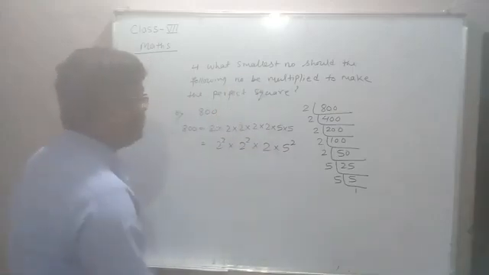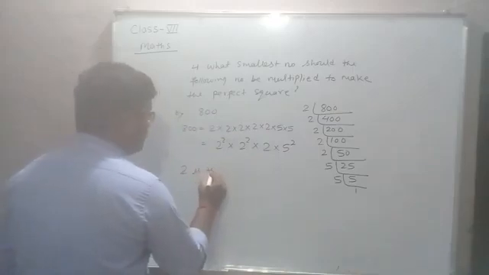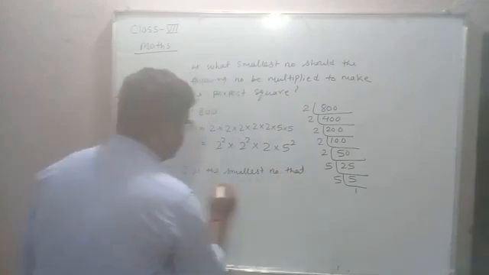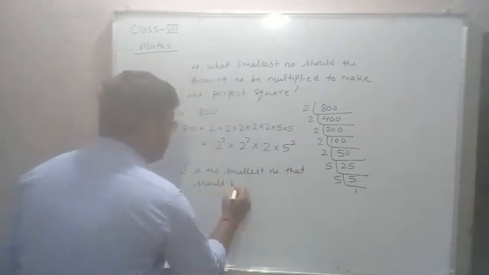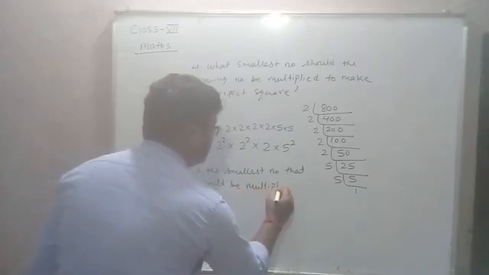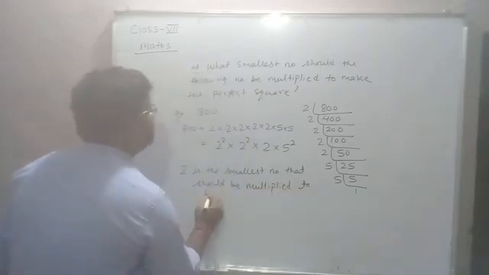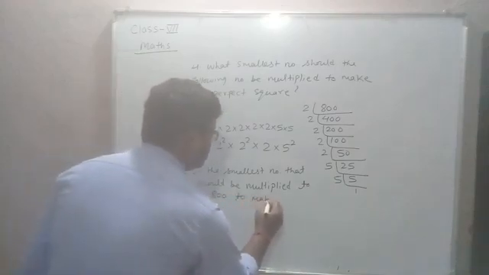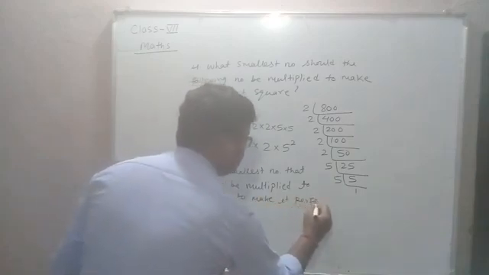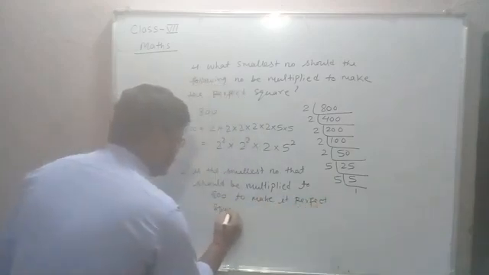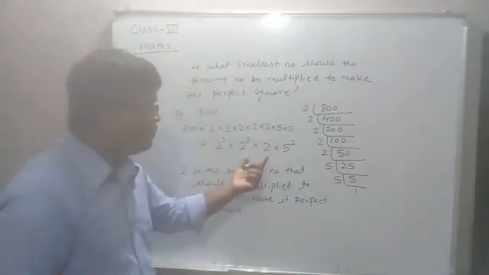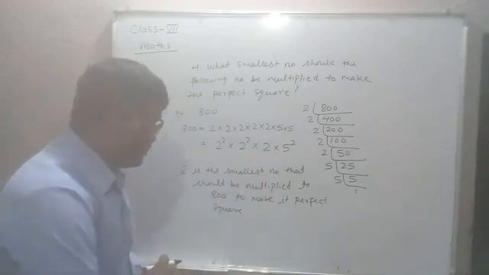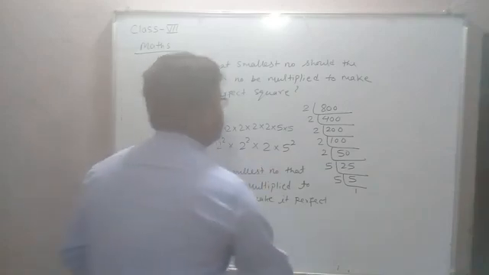So what should be multiplied here? 2 is the smallest number that should be multiplied to 800 to make it a perfect square. We just need to see which is the squareless number here. That number we should multiply to make it a perfect square. One more question.